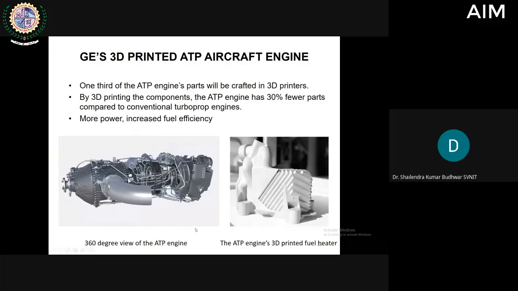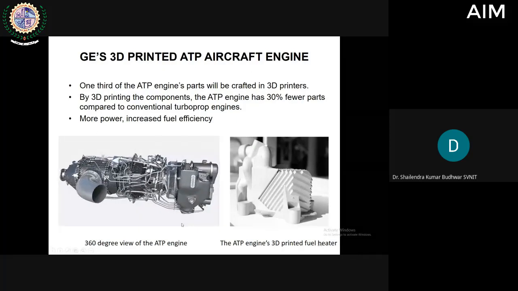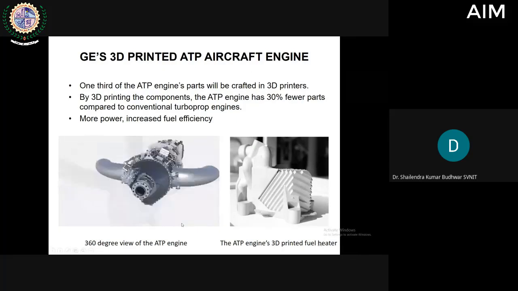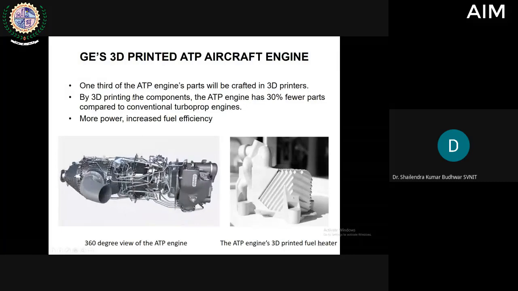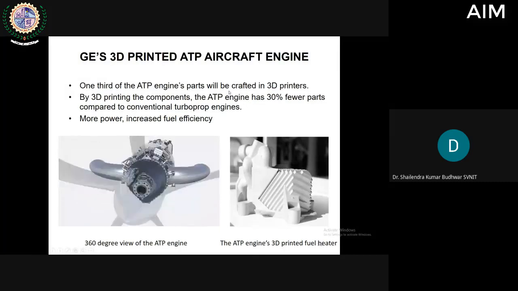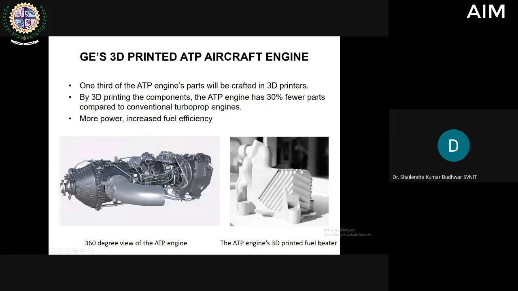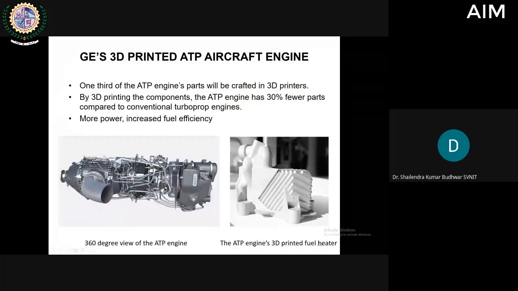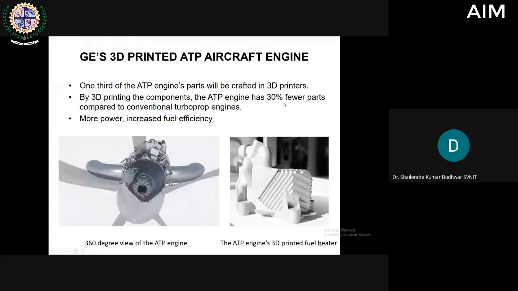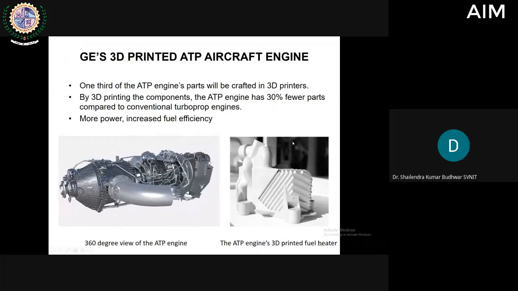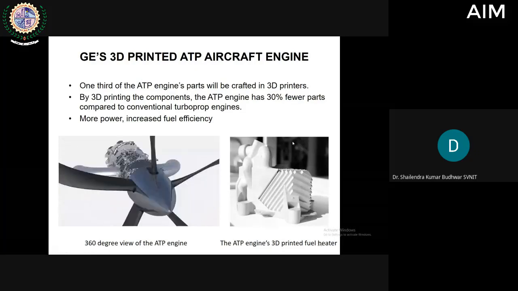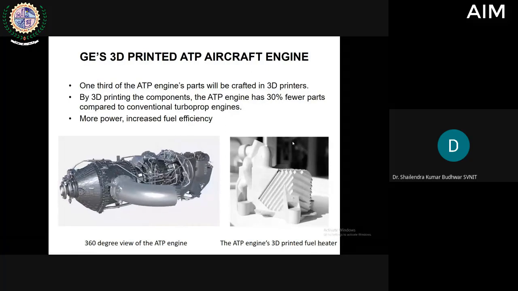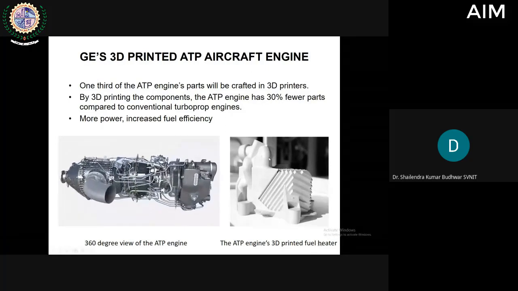So here this is one example of this 3D printed aircraft engine, ATP aircraft engine. One third of the ATP engine parts are crafted by using 3D printer. By 3D printing the component, the ATP engine has 30% fewer parts compared to conventional turboprop engine. Because this aircraft engine has an assembled product, large number of parts are there.